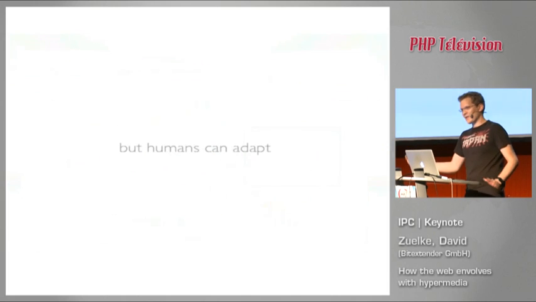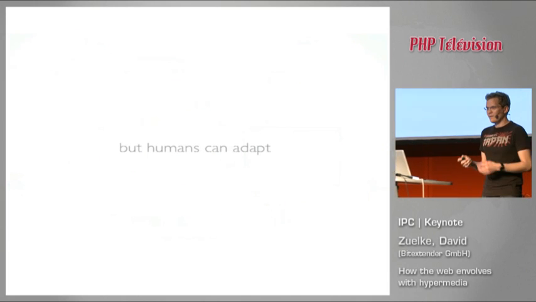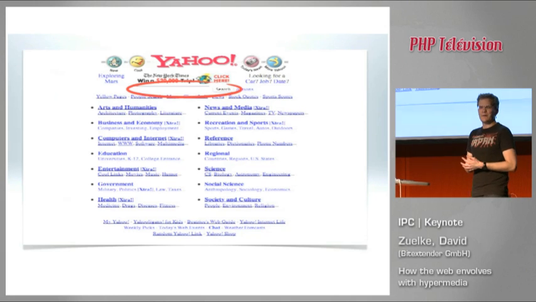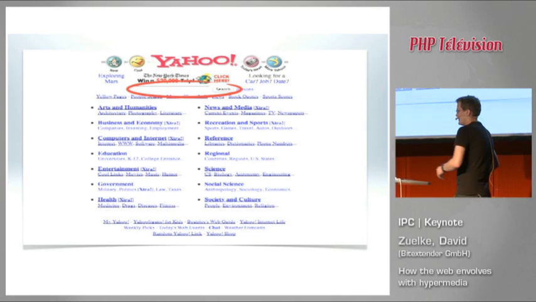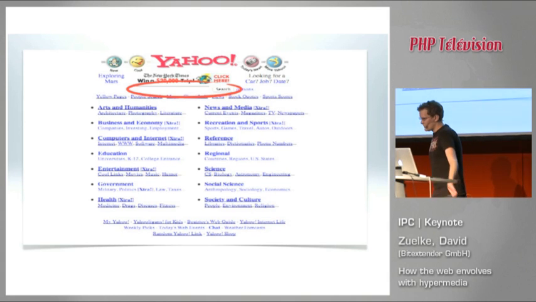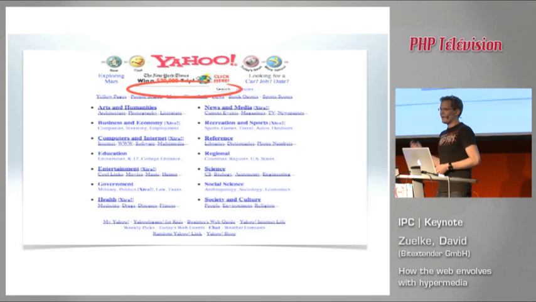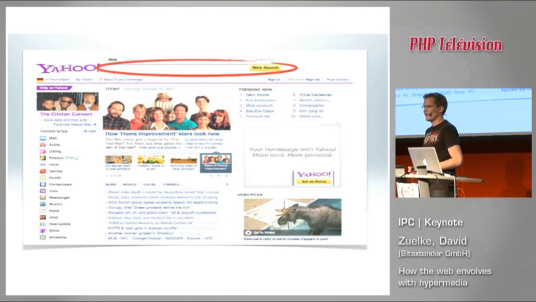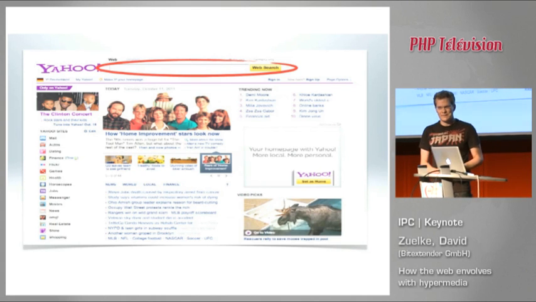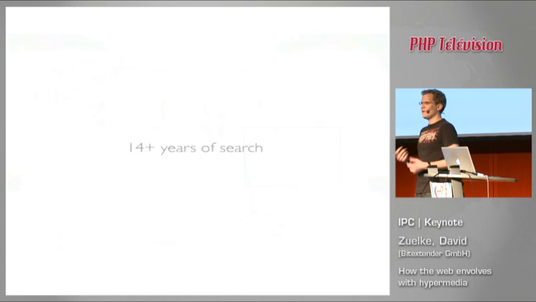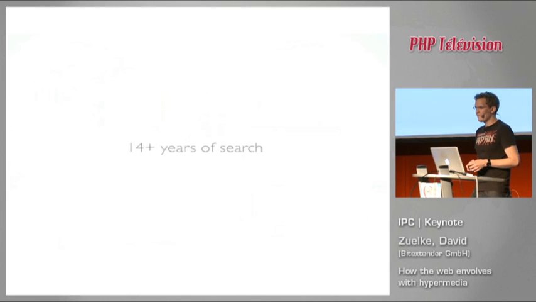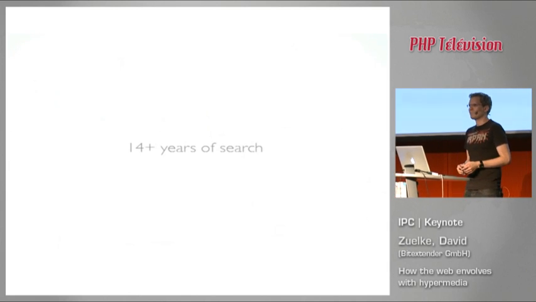The point is that humans can adapt, right? In 1997, when I went to Yahoo and I wanted to find something, there was a search box. And the years go past and the search box is still there, right? So over these 14 plus years that I've used Yahoo, and it's older than 1997, I've been able to search it.